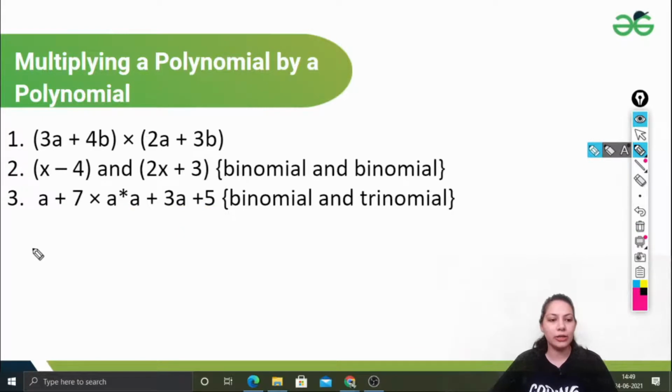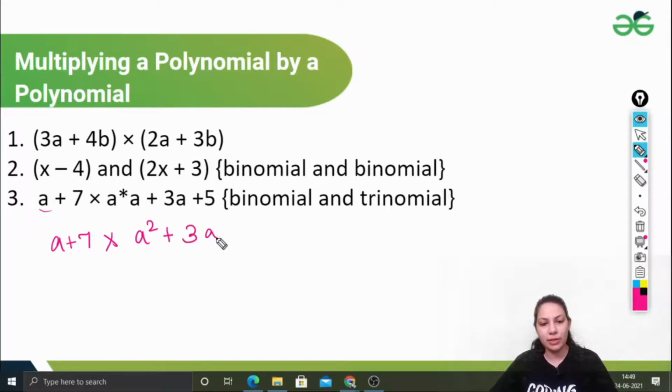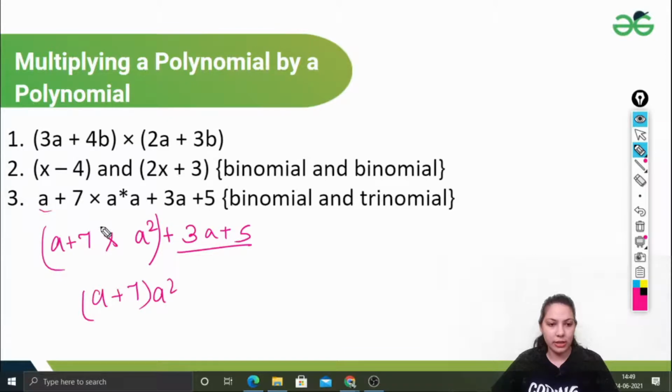Let us solve the other part. This is like (a plus 7) multiplied by (a square plus 3a plus 5). Let us first multiply this and then add this. So a plus 7 multiplied by a square: let us consider this as the first part and this as the second part.